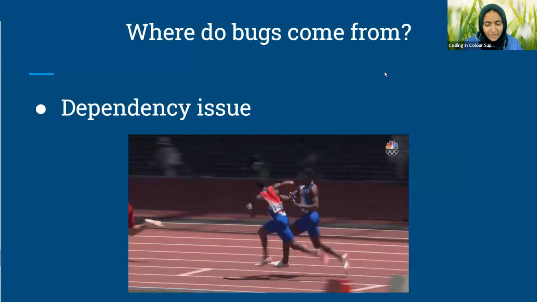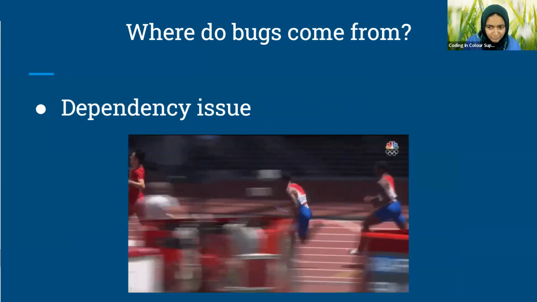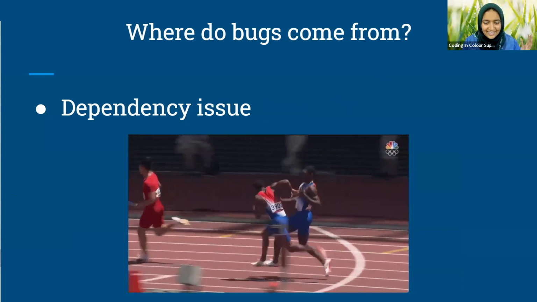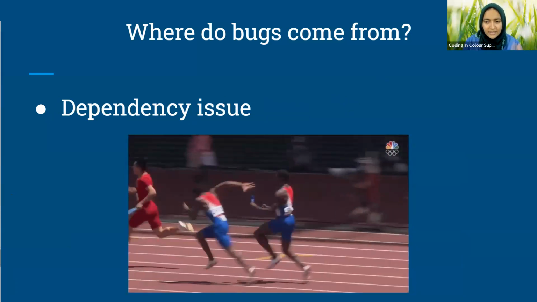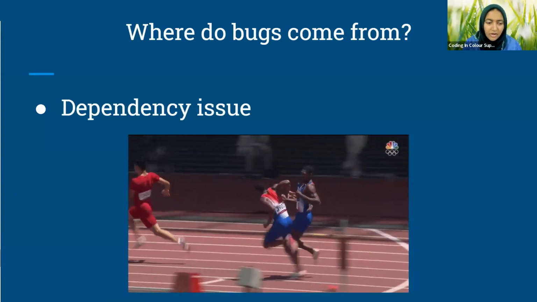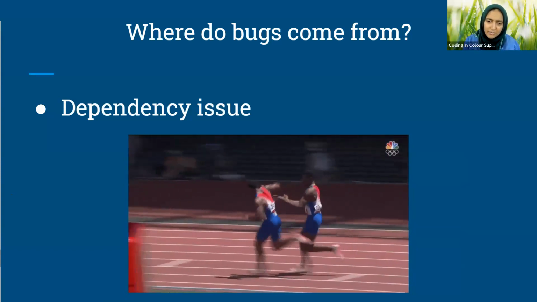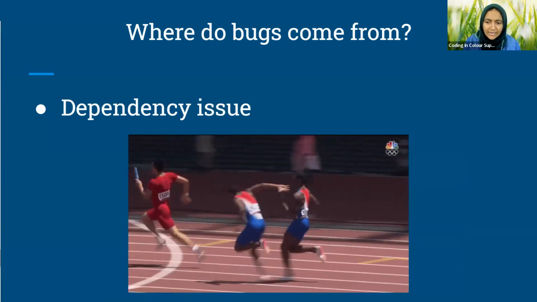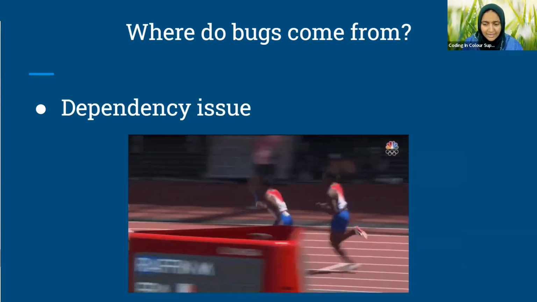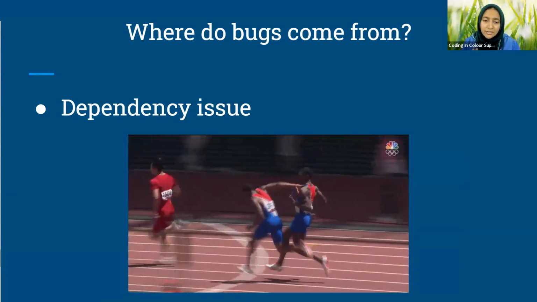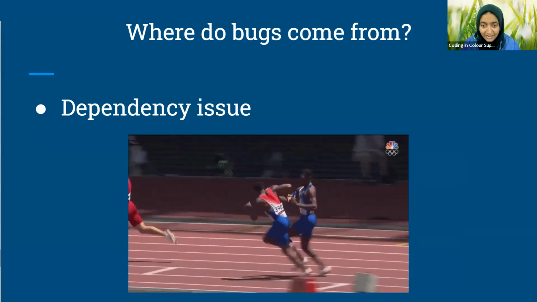Dependency issues. A lot of software depends on other software, and some of these are live, hosted and online, and others are more low level. You wrote code that is going to interact with someone else's code that you borrowed through what's called a library, and we're going to be using libraries a lot.